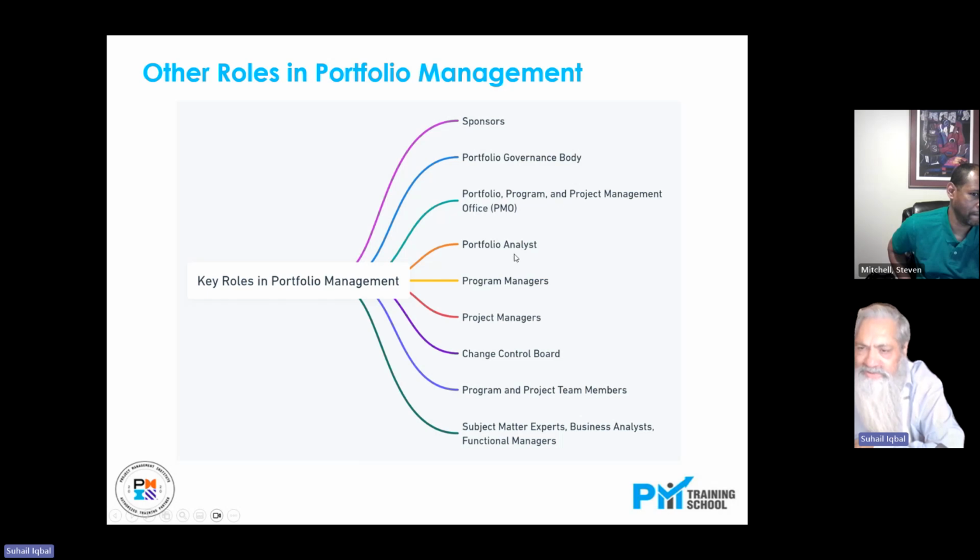That could be a separate person. Then we have got the program managers, the project managers, the change control board, and program and project team members, who are also stakeholders. And then we have got the subject matter experts, business analysts, and functional managers. So these are all the different roles beside the portfolio manager. These are the people with whom the portfolio manager has to interact a lot.